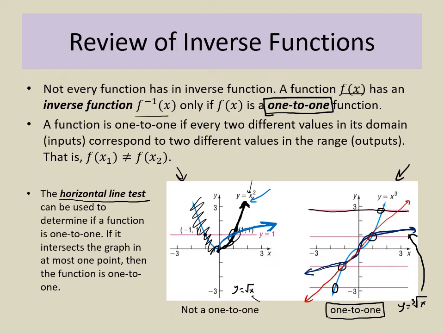Now, why is it that x cubed has an inverse, but x squared does not have an inverse? Well, there's no such restriction about the negative values in cube, right? The cube root of x can be negative or positive values. What is the cube root of -8? -2. So the cube root and the cubic function don't have a restriction like the square root and the quadratic function do.